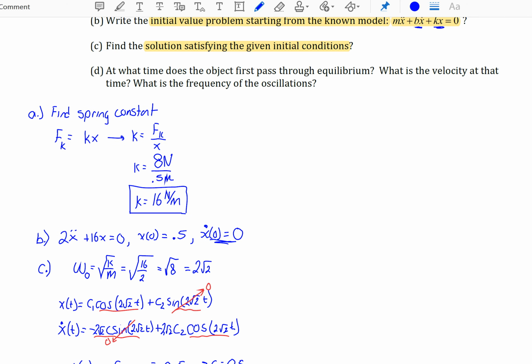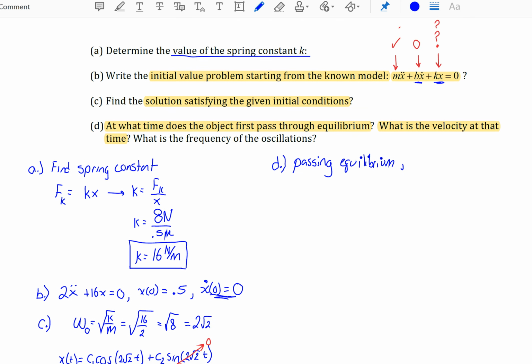Okay, now part D. We're asked, at what time does the object first pass through equilibrium? And what is the velocity at that time? So remember, if you pass through equilibrium, that means you're going through your starting point again.